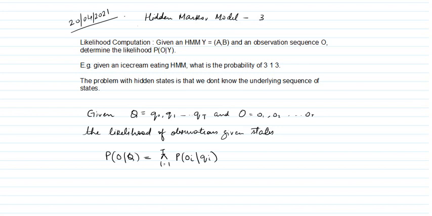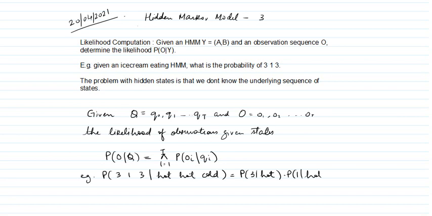As an example, P of 313 given hot, hot, cold can be calculated as P of 3 given hot dot P of 1 given hot dot P of 3 given cold.